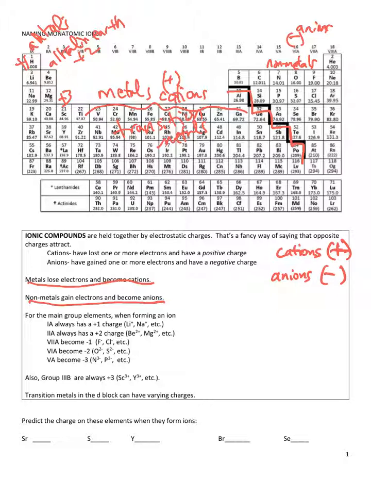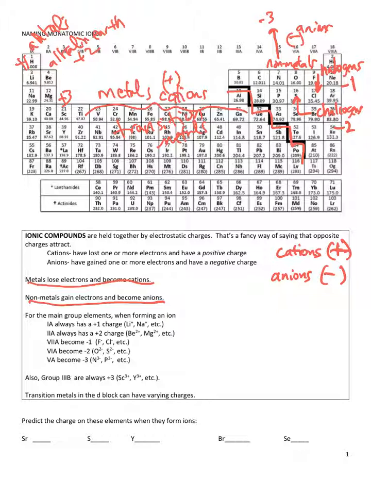If we look over at the nonmetals, the halogens, when they make an ion, a negative ion, an anion, they're going to have a -1 charge. The group 6A, the chalcogens, oxygen, sulfur, selenium, tellurium, they're going to get -2. The 5A, if they're going to make an ion, will be -3.